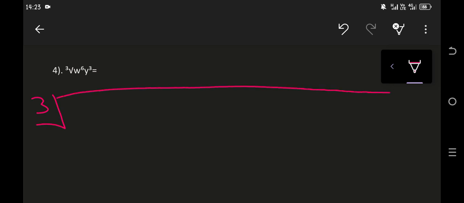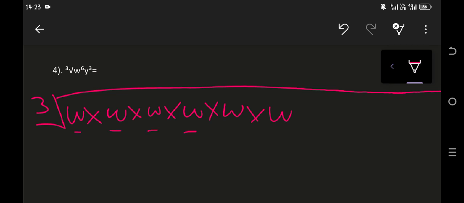It's going to go all the way. We have w, this is w raised to 6. Make sure it is 6. 1, 2, 3, 4, 5, and 6.